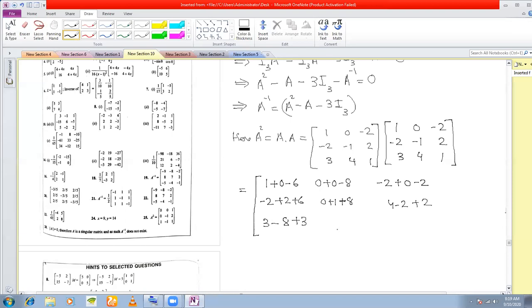Third row, first column: 3 minus 8 plus 3. Third row, second column: 0 minus 4 plus 4. Third row, third column: minus 6 plus 8 plus 1.